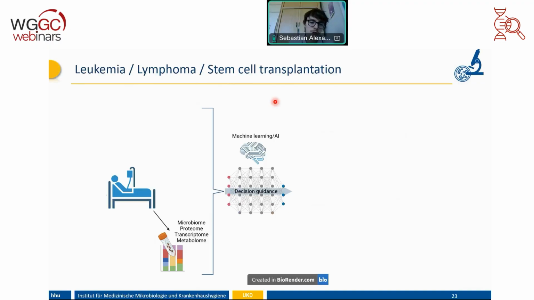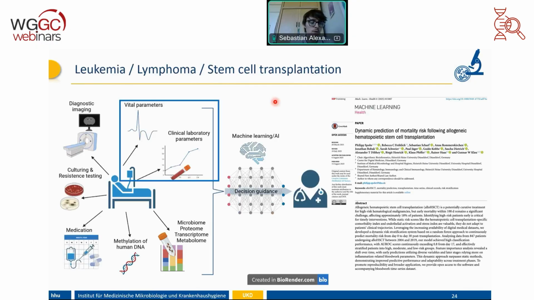Yeah, but as I told you, this is only a small part of the information we got from our patients. We have a lot more. We have diagnostic imaging, we have culturing and resistance testing, we have the medication data, we can look at the methylation patterns of the human DNA, and we have vital parameters and clinical laboratory parameters.